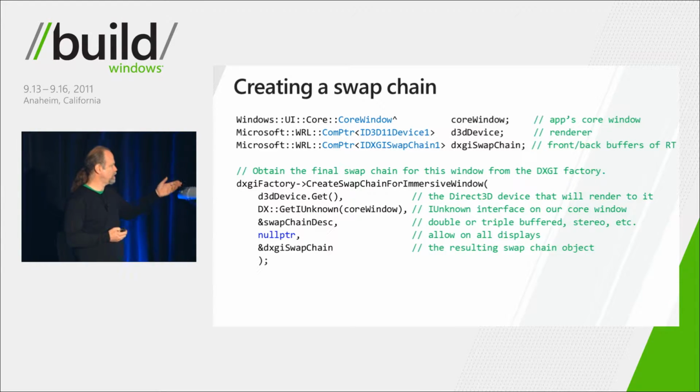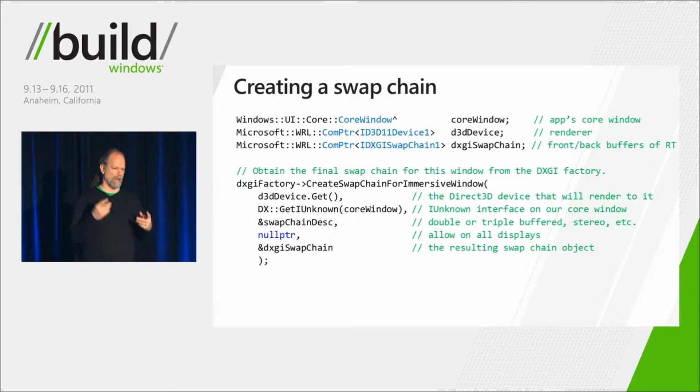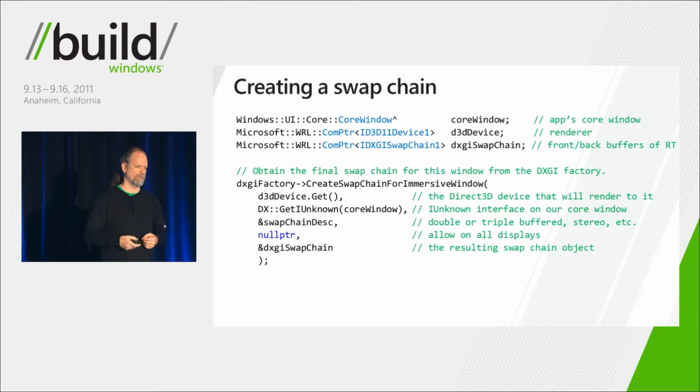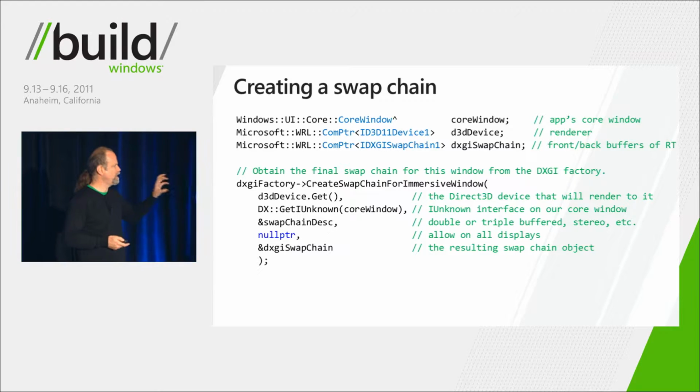And what happens is when you call that method, it creates a Direct3D swap chain that your current D3D device can render to at however many millions of pixels a second out of your core window. It creates that so that the core window then is able to contain the area that the Direct3D pipeline is feeding its pixels into. So this is really the intersection of those two concepts, the Metro style application and the Direct3D pipeline.